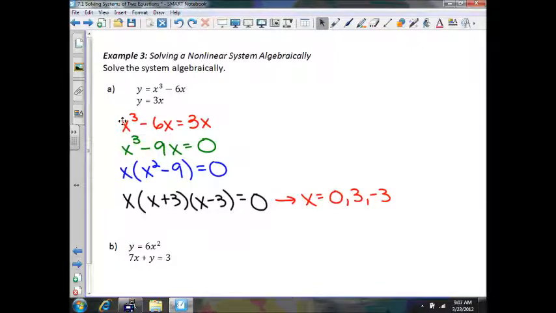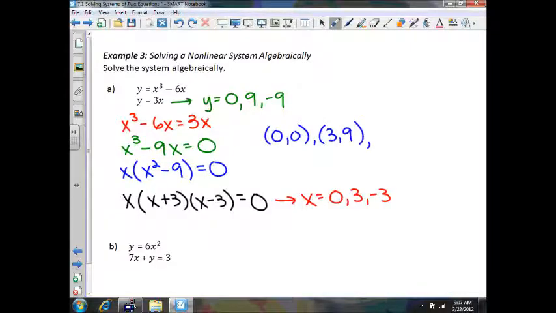When you put x equals 0, 3, and negative 3 into either of the two equations, you'll get y is equal to 0 when x is 0, 9 when x is positive 3, and negative 9 when x is negative 3. So our options for our answer are (0, 0), (3, 9), and (-3, -9).